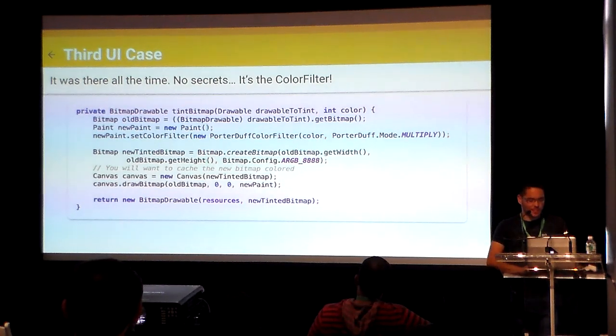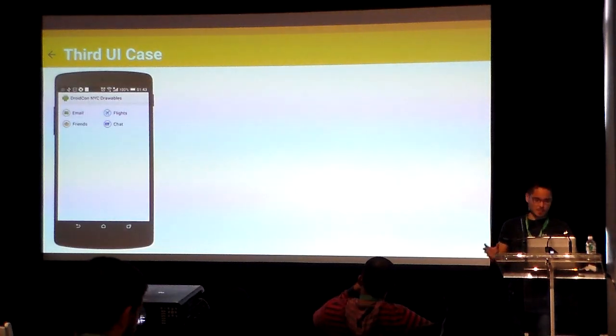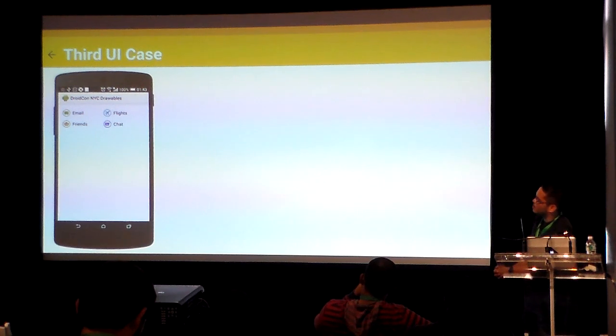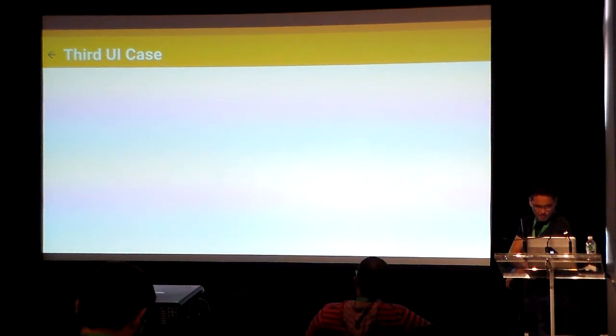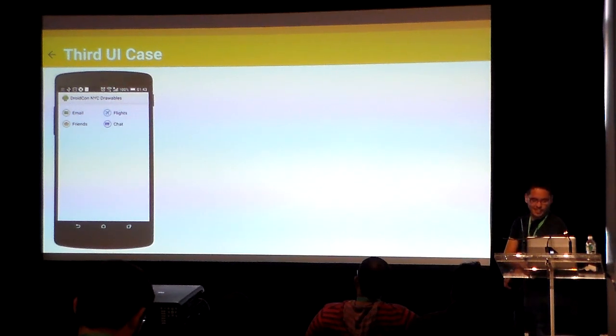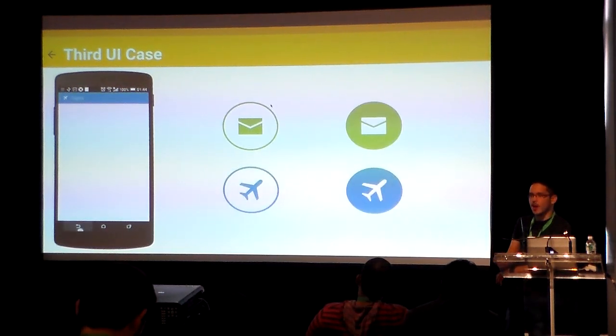If we go back to our example, when we click on a button, what we have... Why is it not playing? Okay. What we have is a pressed state, right? And this pressed state has different colors and different applications.